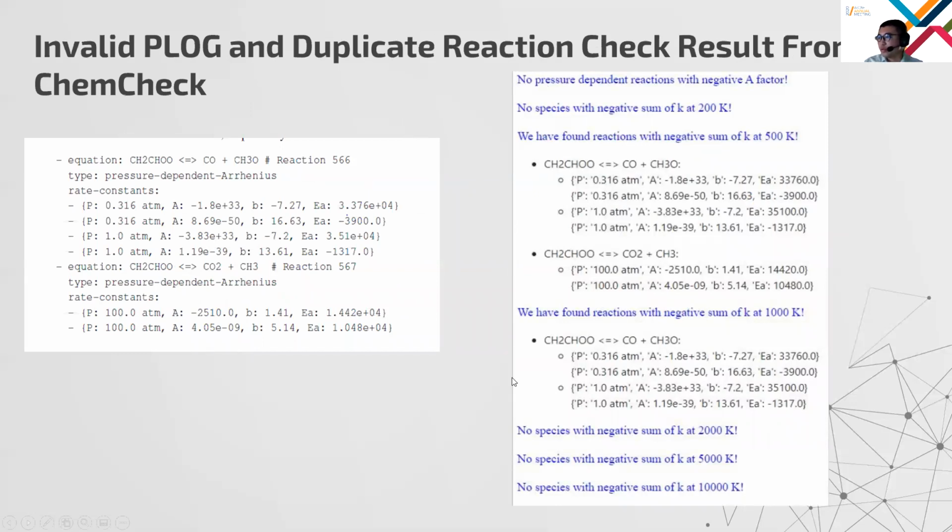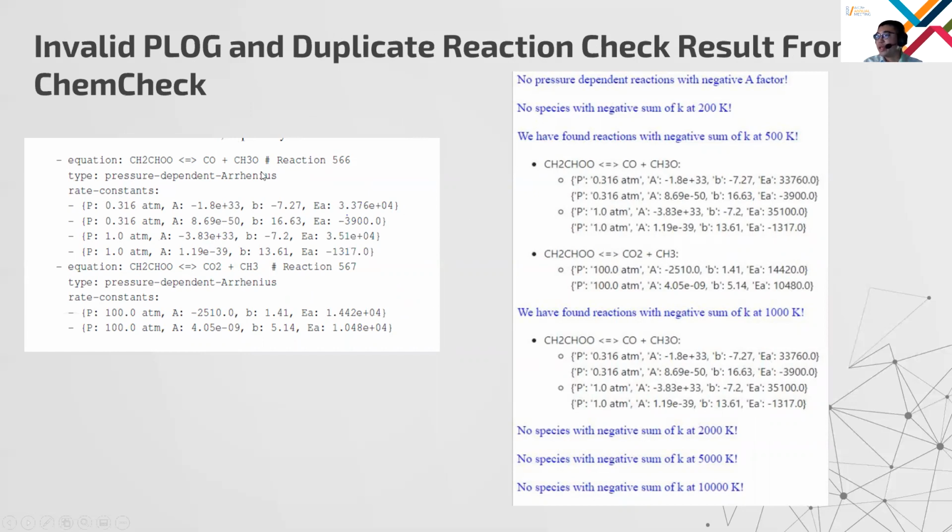So here's the result after we use Chemcheck to screen these 2 reactions. We can see that the first reaction is invalid.